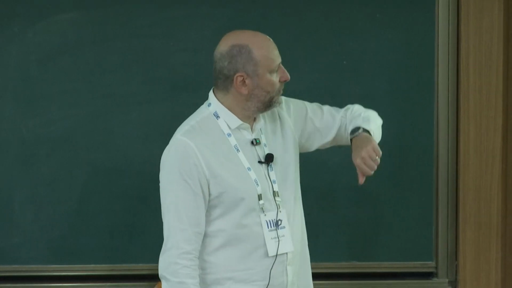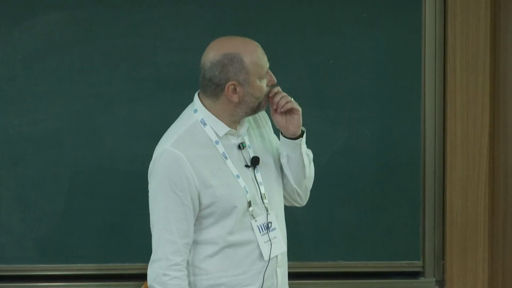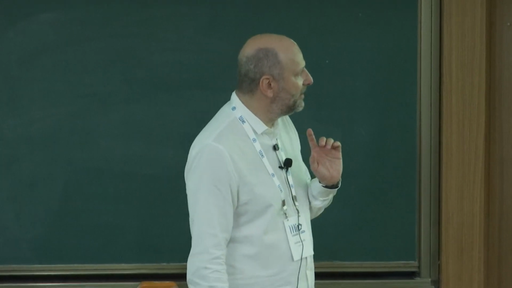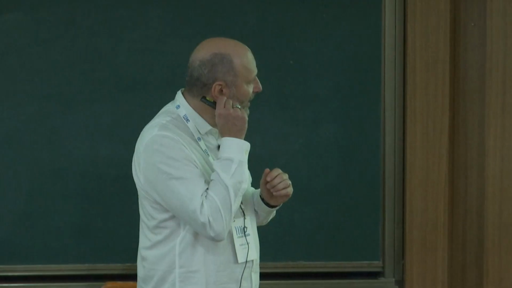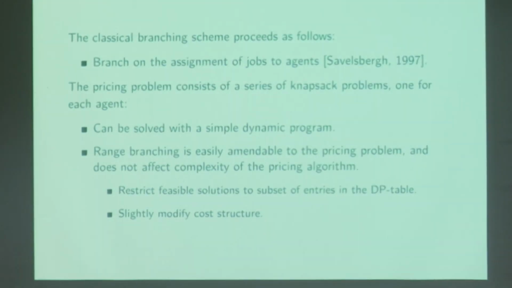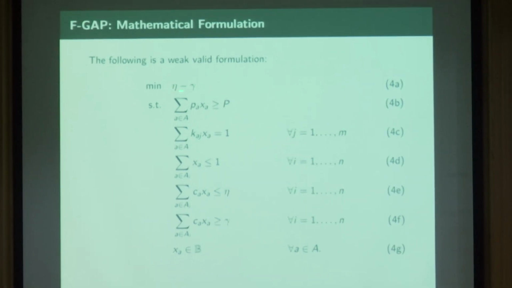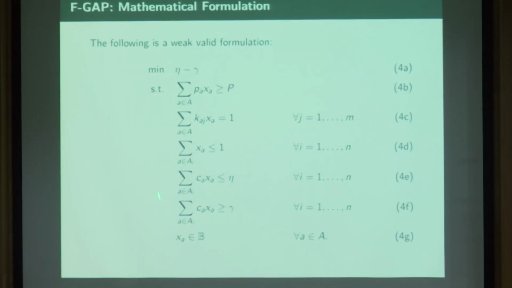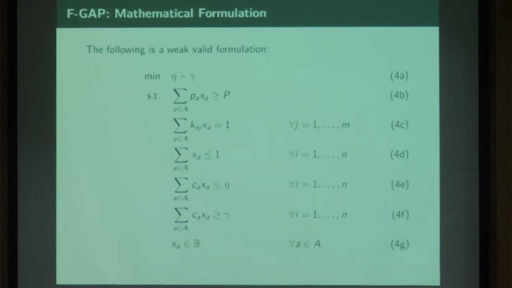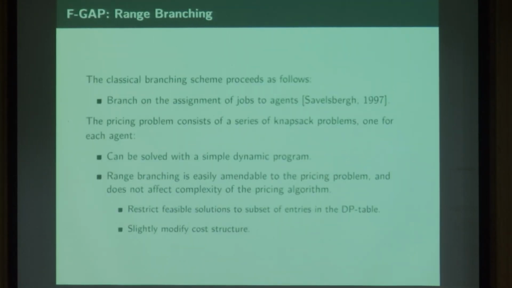So I would like to finish by reporting these results, which are, in my opinion, kind of counterintuitive, as I was saying before. This is the classical, let's say, range minimization for the generalized assignment problem, which is a classical problem in the literature.